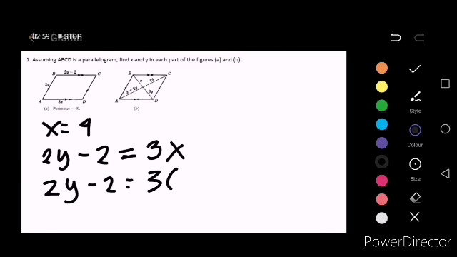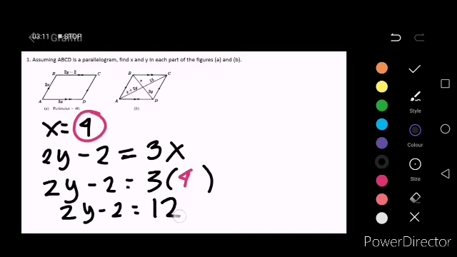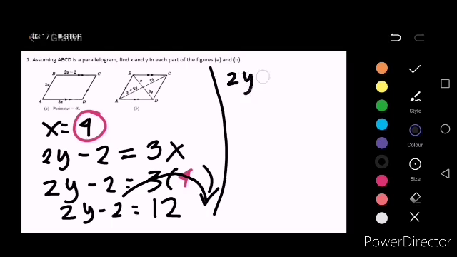Kasi meron na tayong value ng x which is 4. So, I just need to replace x here with 4. And then, proceeding, we will have 2y minus 2 equals 3 times 4, 12. Then, transpose 2 here. You'll have 2y equals 12 plus 2. 2y equals 14.